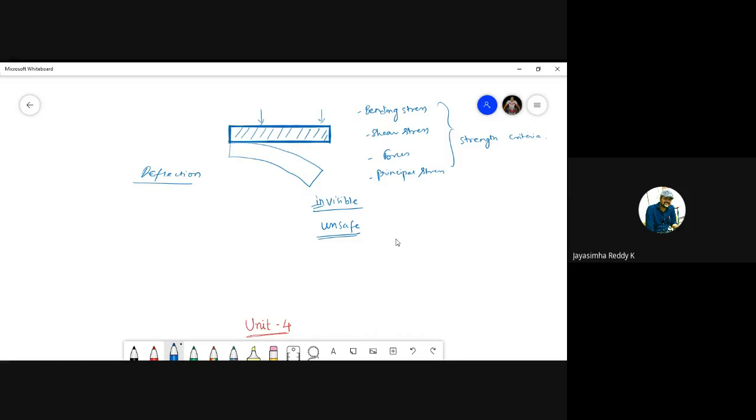But invisible deflection is also a matter of concern for us as a stiffness criteria, students, because it leads to internal cracks of the beams. So that is the purpose why we study deflection of beams.